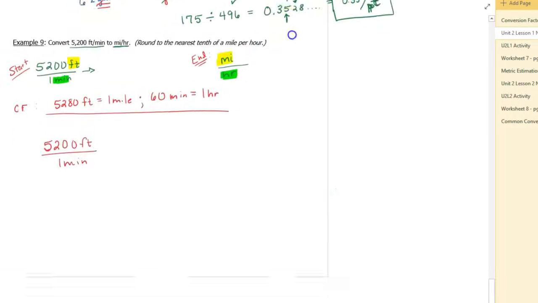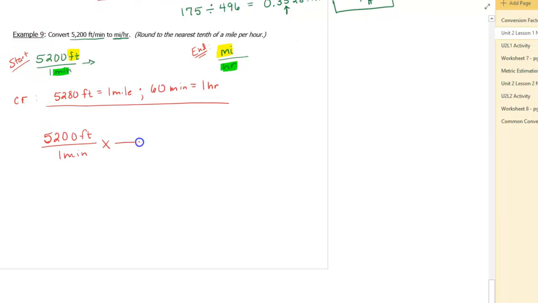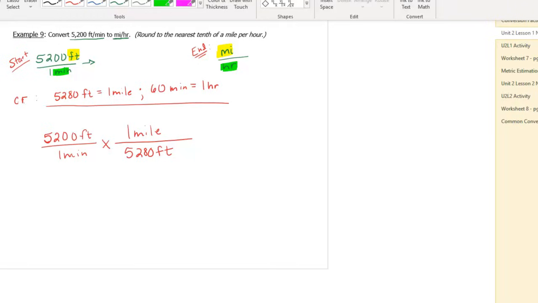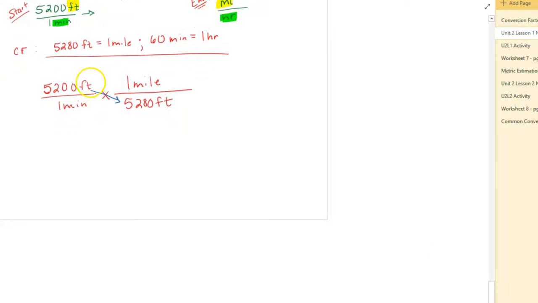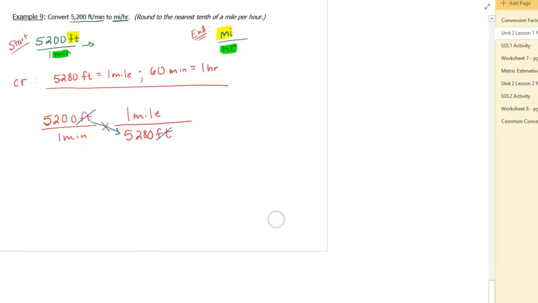And in this one, we want feet to go on the bottom and the 1 mile to go on the top. Because remember, we want those alternating units, so we have feet to feet down here. So our feet will cancel. We're at miles, which is what we wanted to have. So our top unit, we're done with.